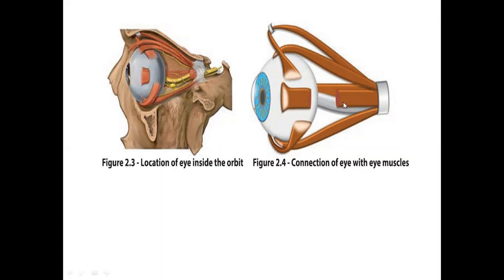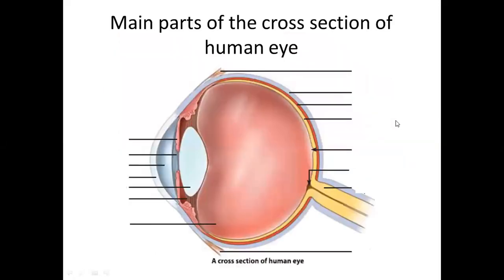You will find 6 eye muscles connected with your eyes. In this diagram, you will see the 6 eye muscles. In the next part of our lesson, we are going to name the main parts of the cross section of the human eye. When we do that, you will see that the diagram is empty without the names.